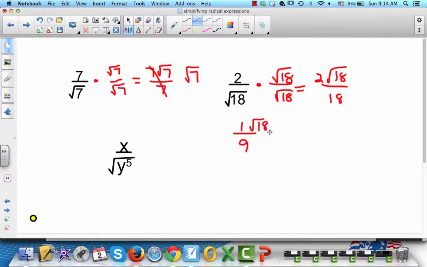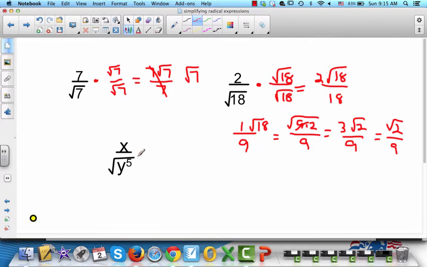But then also you notice that 18 can be broken down into square root of 9 times 2 over 9. So that gives us 3 square root of 2 over 9, which gives us 3/9 becomes 1/3, so it'll be square root of 2 over 3.